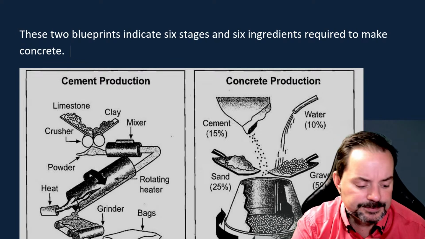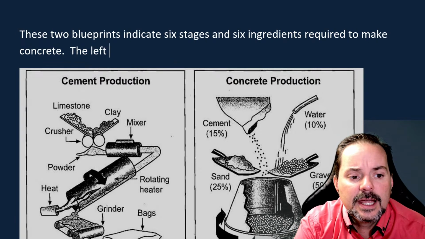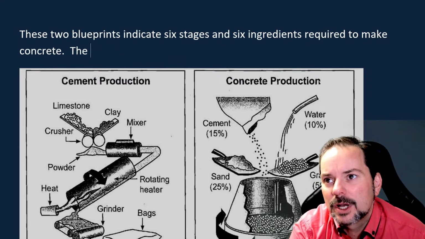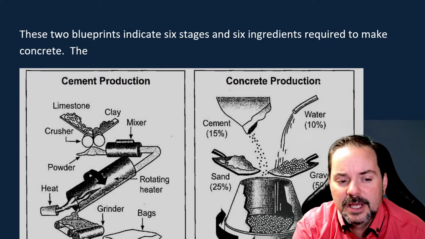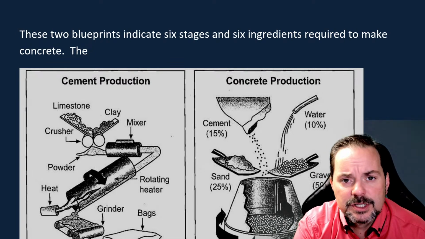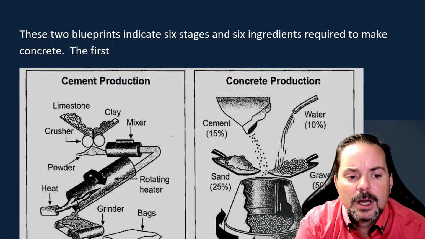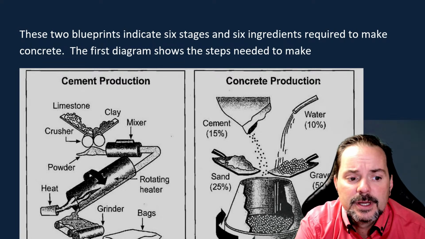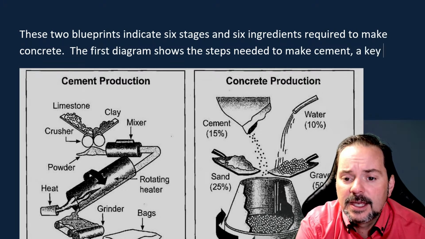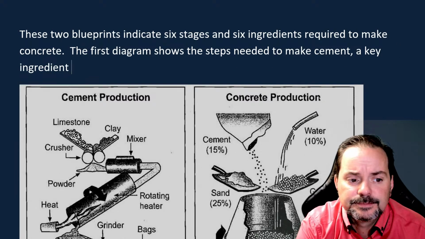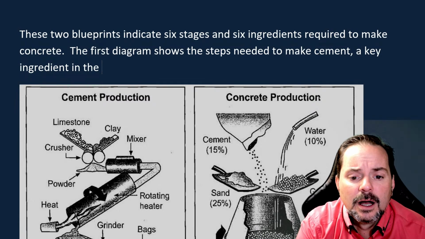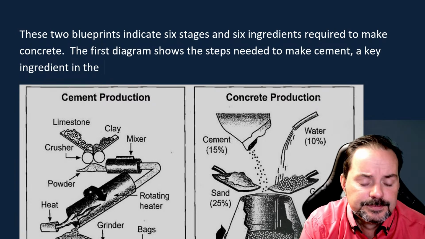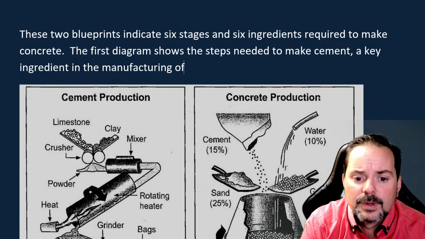So I would say the left diagram, or the first diagram, it's not a good idea to indicate location on paper. So I would do it as the first and the second. So the first diagram shows the steps needed to make cement, a key ingredient in the manufacturing of concrete.